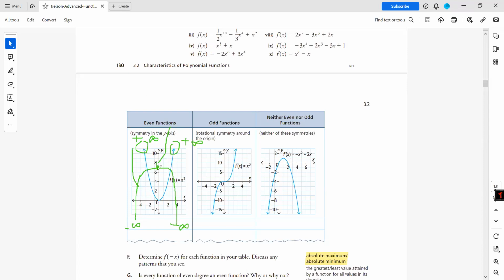After this point, basically the graph is turning around. That's why we call it a turning point. Is that clear? That's why any even degree polynomial function should have at least one absolute maximum or absolute minimum, depending on whether this parabola opens up or down.